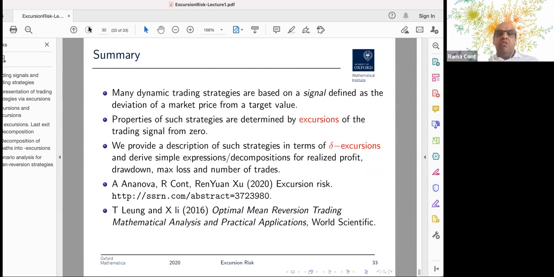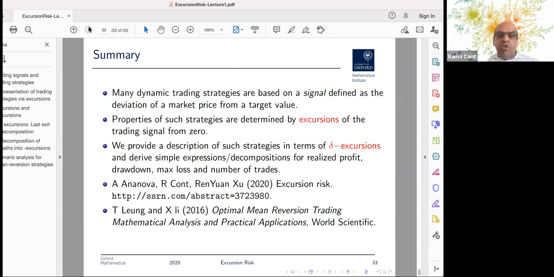So by construction, these signals oscillate around zero. They're supposed to be mean reverting around zero. Then I showed you that their transactions are determined by the excursions of the trading signal away from zero. More specifically, they trade when the signal hits some threshold delta or minus delta and so on.